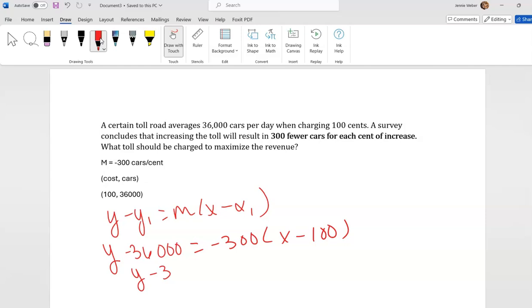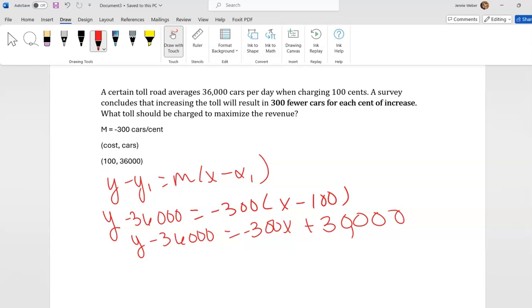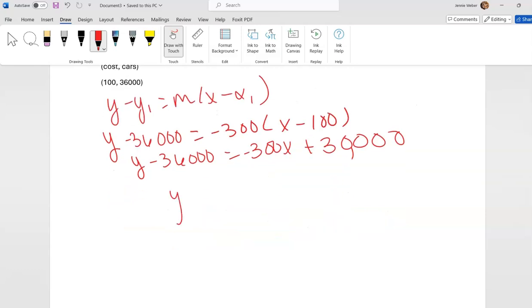So y minus 36,000 equals negative 300x plus 30,000. Then y equals negative 300x plus 66,000. By the way, this is how many cars would go on that road if it was free, because that's the y-intercept.